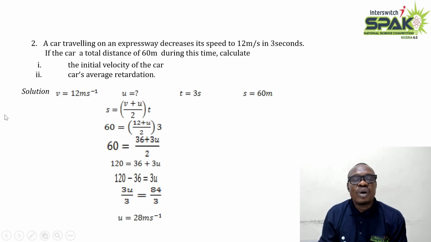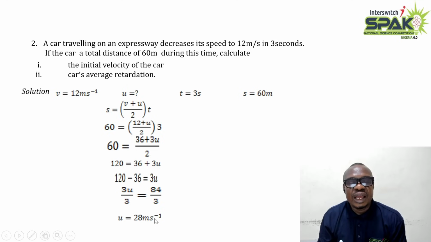So from this, 3 parameters are given, and we are looking for u. Which equation has all these included? It is s equals (v plus u) all over 2, times t. Plug in those variables in this equation, and we finally have this. Solving at the end, we now have 28 meters per second.